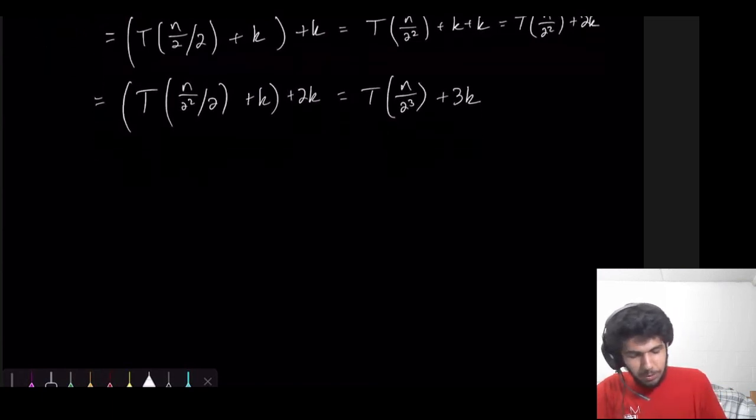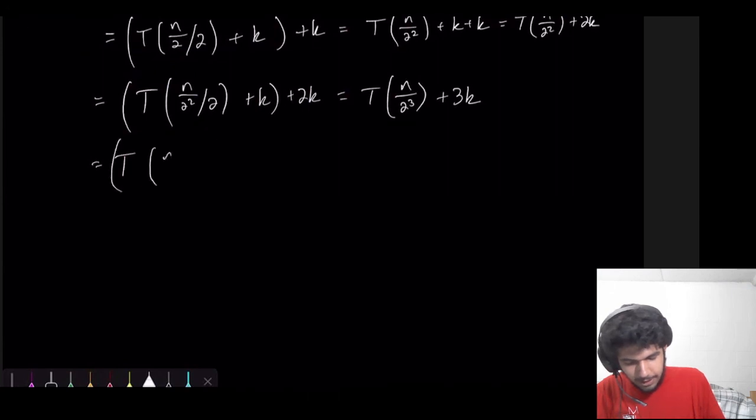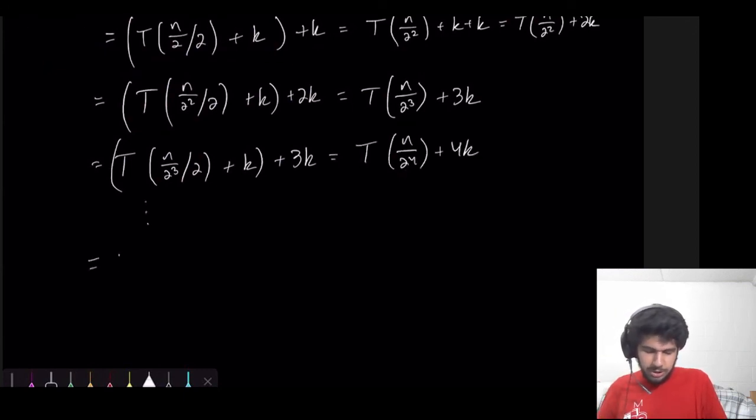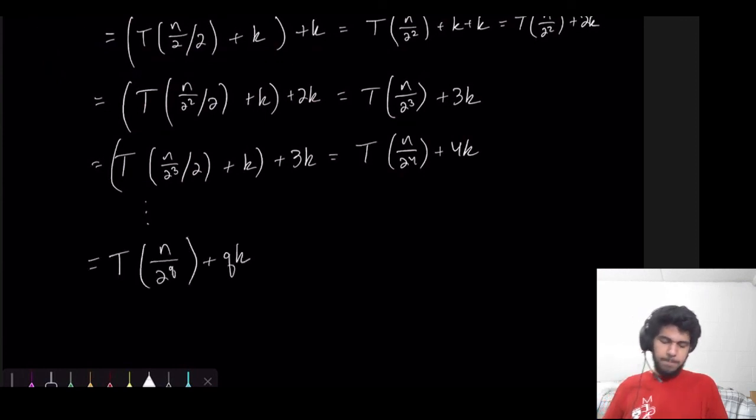All right, a small pattern is forming. Let's do one more. T of n over 2 cubed divided by 2 plus k plus 3k is equal to t of n over 2 to the 4th plus 4k. All right, so now we see the pattern. So we'll generalize this to t of n over 2 to the q plus qk.